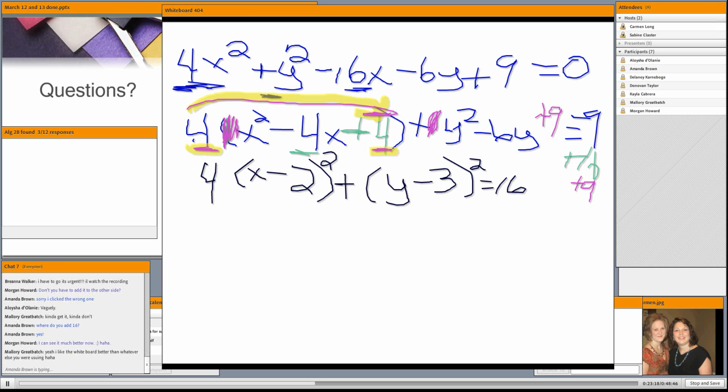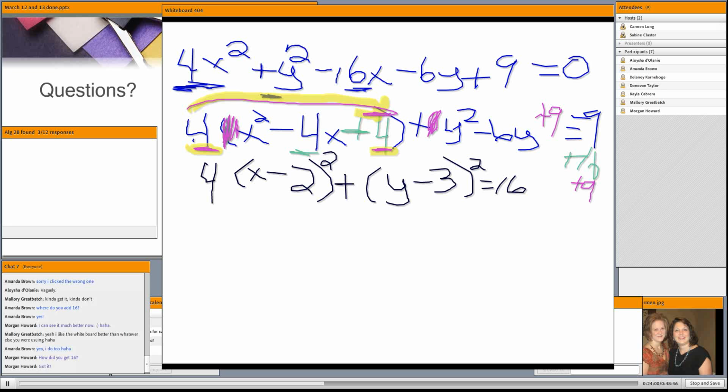Okay, so now, does this look like an ellipse? I just added these numbers together, 16 plus 9. They just happen to be 16, because the negative 9 and the positive 9 canceled out. After you write them down and factor, you're just adding those up and getting a number.